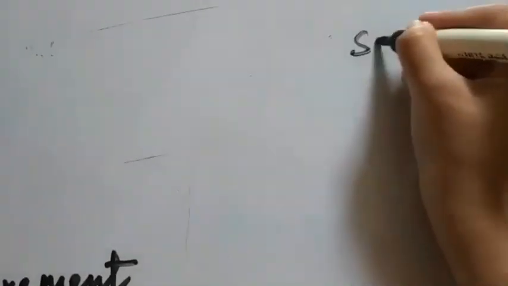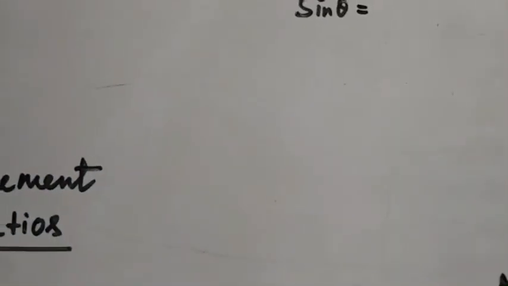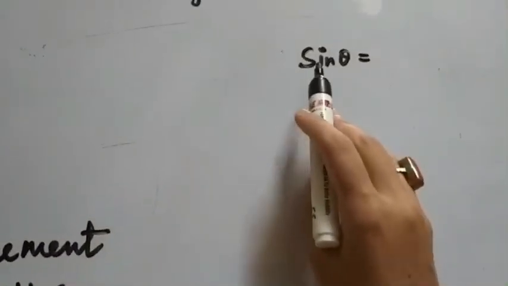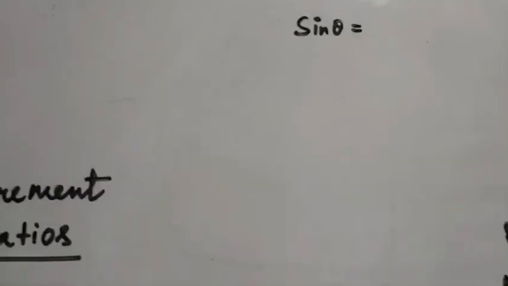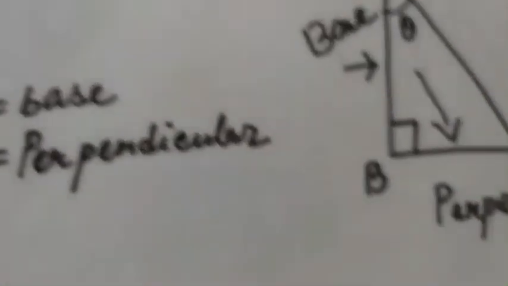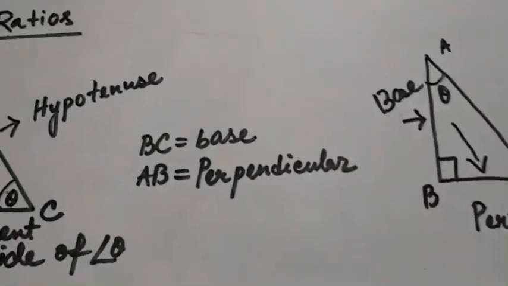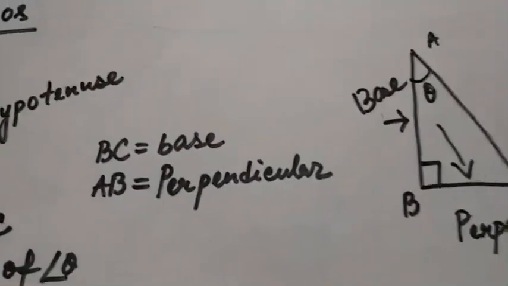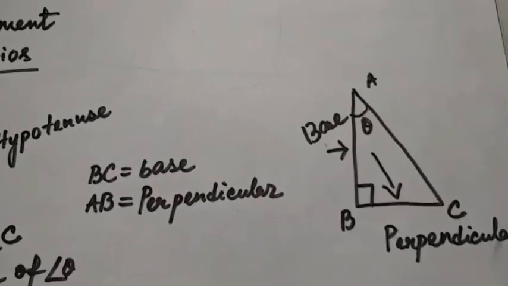Sin theta. What is the meaning of sin theta? Now we are applying the functions sin, cos, tan, cot, sec and cosec over which angle? Over this theta angle. I am not showing picture number 2 because if I show picture number 2 then the value will be changed.